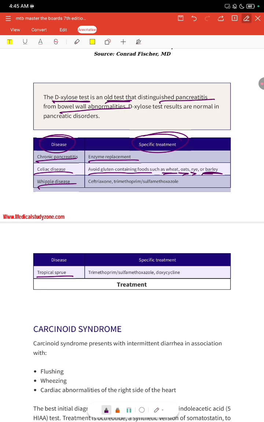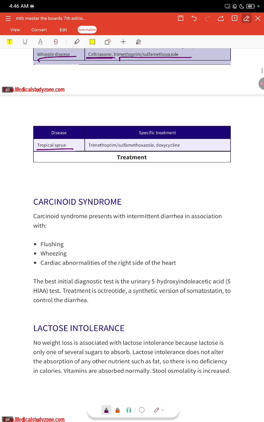You can eat rice because it does not contain gluten. Whipple disease: the specific treatment is ceftriaxone followed by trimethoprim-sulfamethoxazole. Tropical sprue: trimethoprim-sulfamethoxazole and doxycycline.